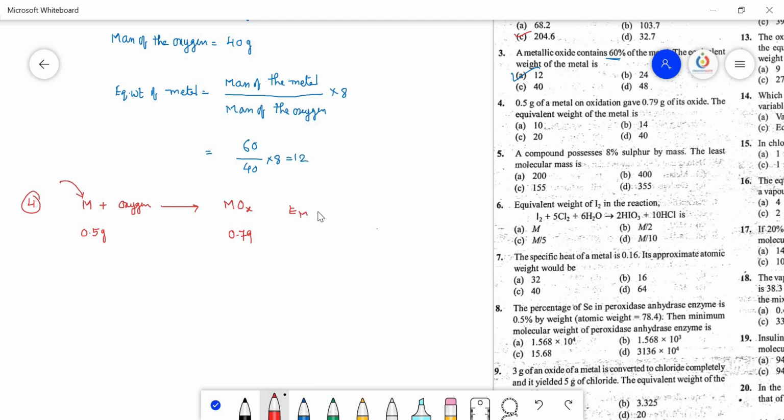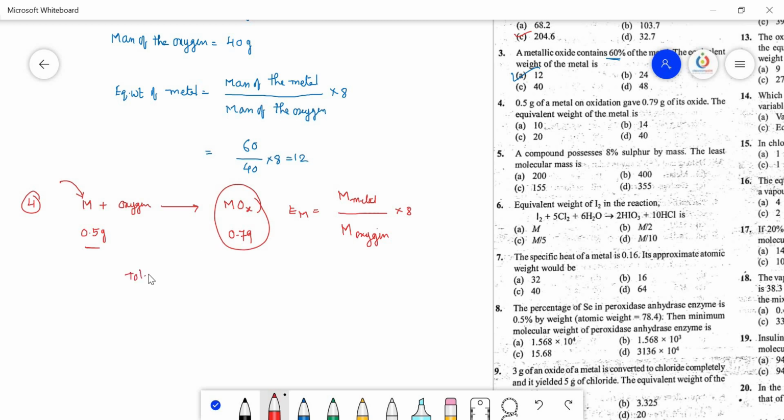The formula to calculate the equivalent mass of the metal equals the mass of the metal, the same formula I had given above, divided by the mass of oxygen, into 8. So here the mass of the metal is given, the mass of the oxygen is not given, but this is having the metal, no? So from this we can calculate the mass of the oxygen.